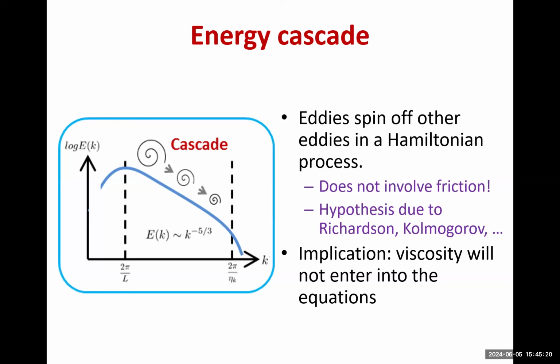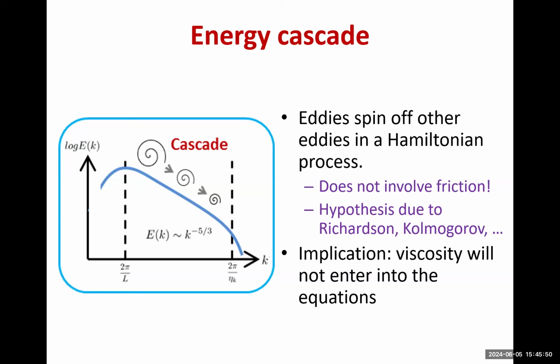And in between, there is this process where I get swirly-whirly things called eddies, which nobody knows how to define precisely. And these swirly-whirly things do this. There's a swirly-whirly thing that does this, and then it spits off another swirly-whirly thing, but it's slightly smaller. And that swirly-whirly thing, which is slightly smaller, spits off an even smaller one, and so on. And that process, spitting off these smaller and smaller eddies, is a Hamiltonian process.